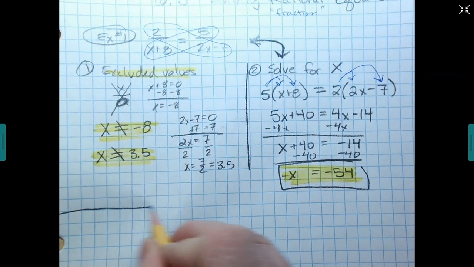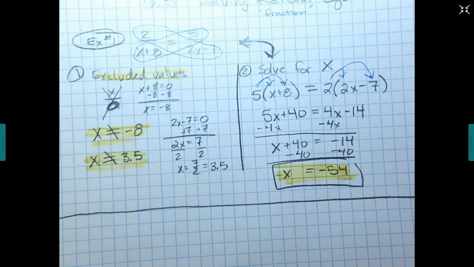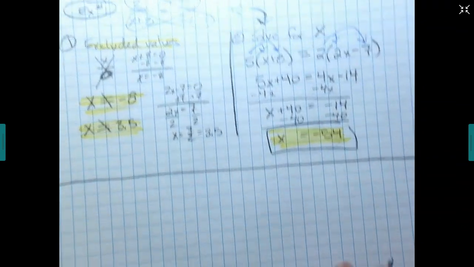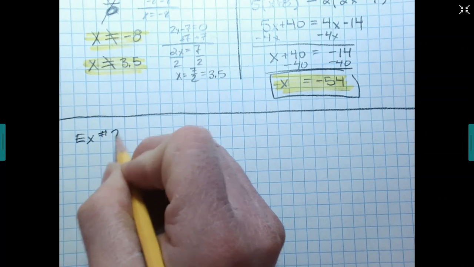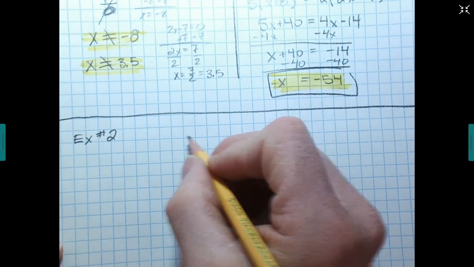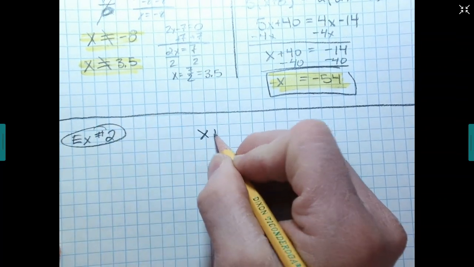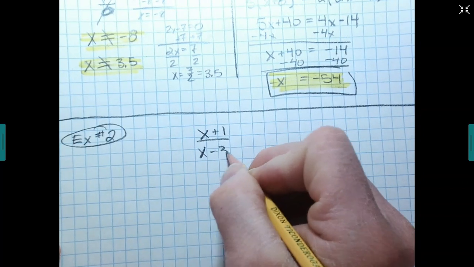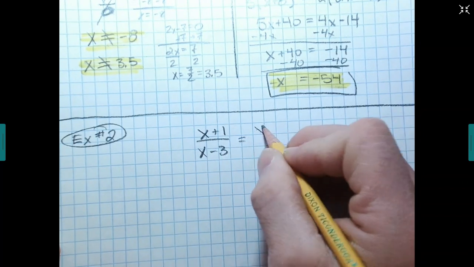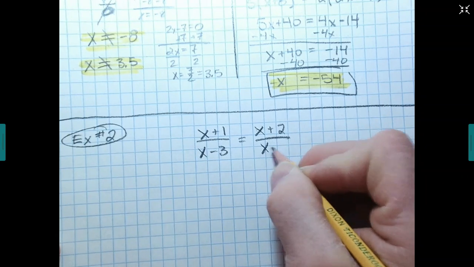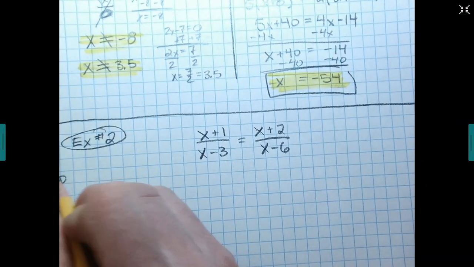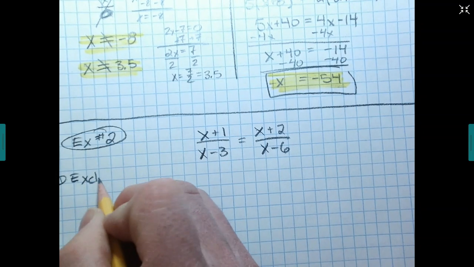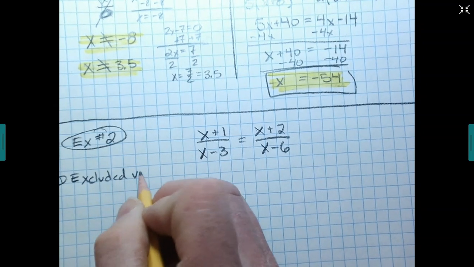All right. Example number 2. I have x plus 1 over x minus 3 equals x plus 2 over x minus 6. Now, my first piece, what are my excluded values?